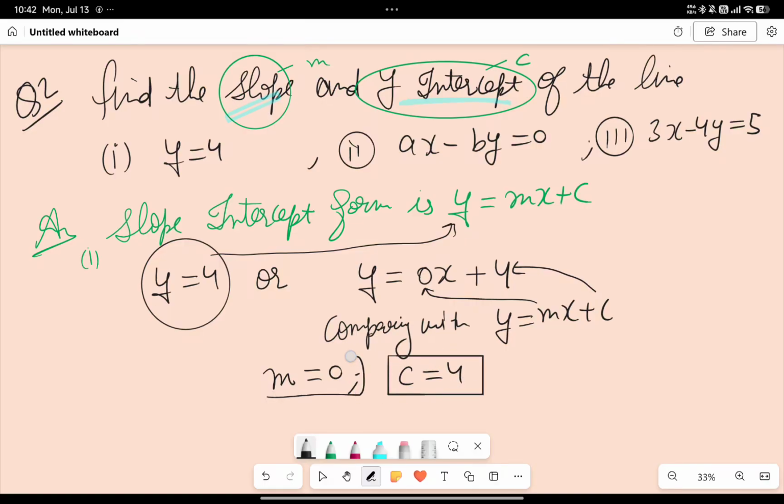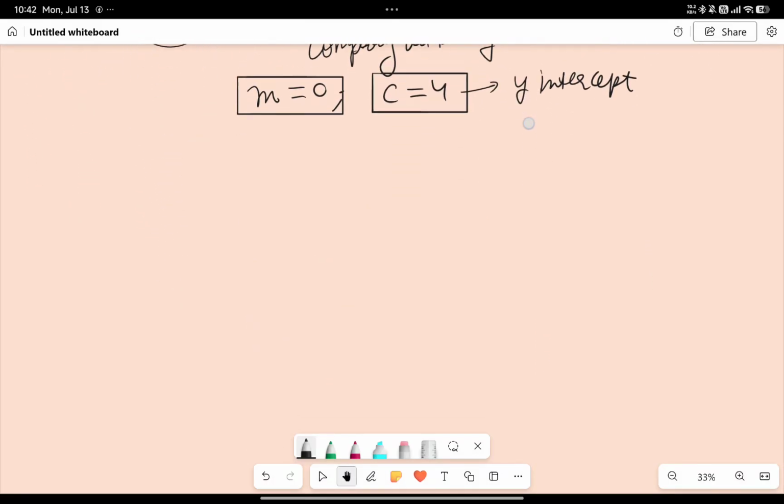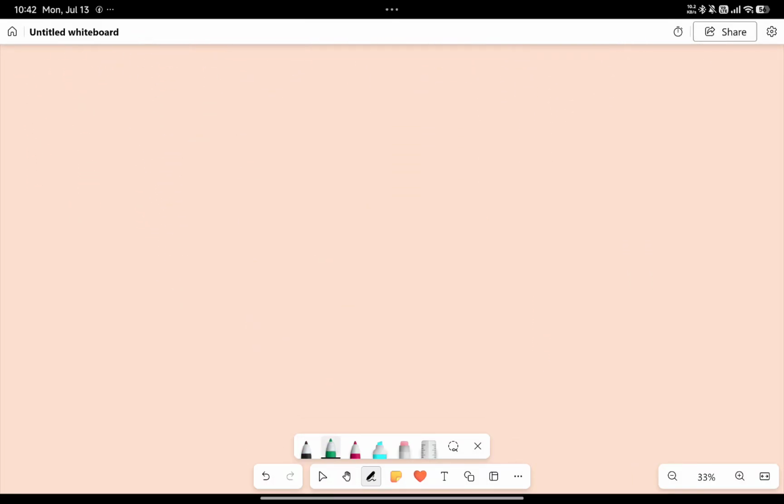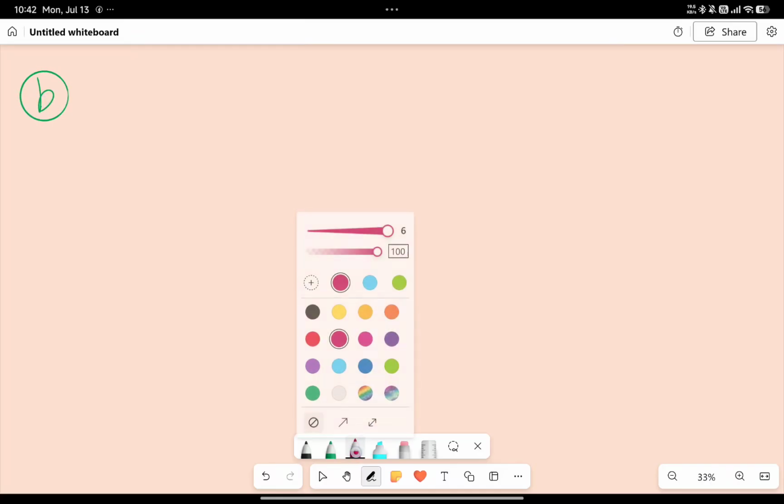So I got both answers, because two things are demanded, slope as well as y-intercept. I think the first part is clear to you. Moving to the next, the B part.